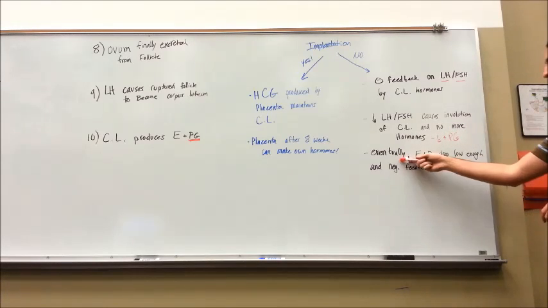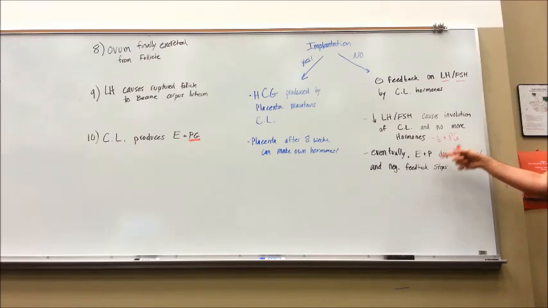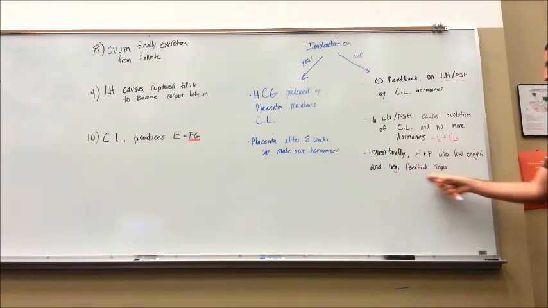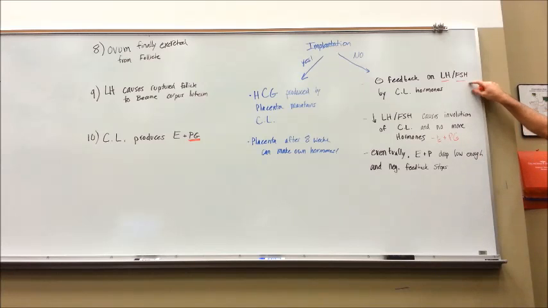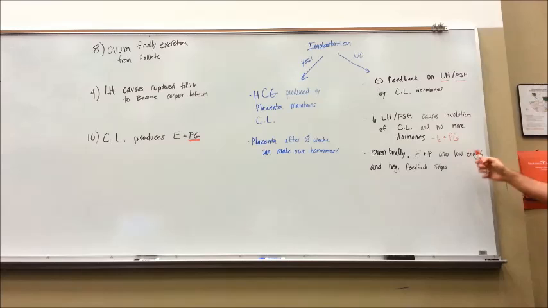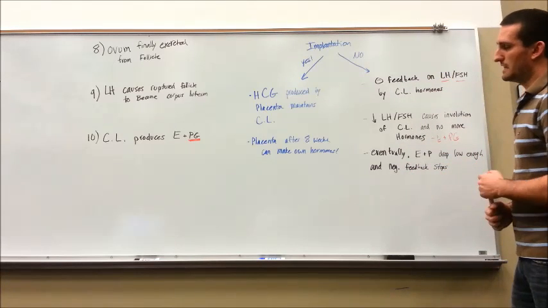Finally, third bullet point here, eventually the estrogen and progesterone levels drop low enough and then negative feedback stops, so you're going to have an increase in LH and FSH slightly, which will elevate your estrogen and progesterone. Not created by your corpus luteum, but created by the ovary instead.